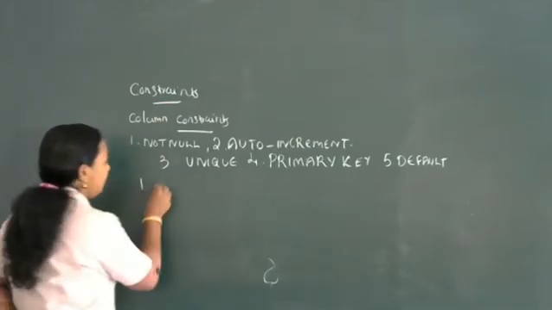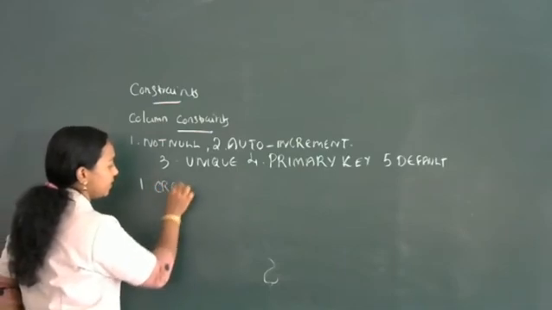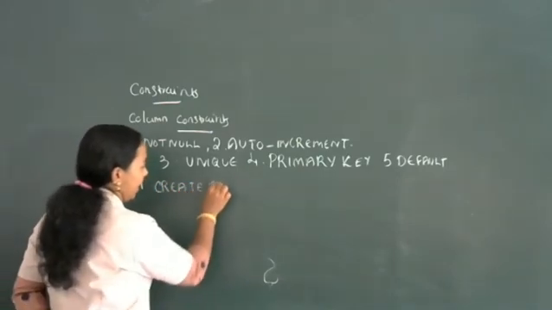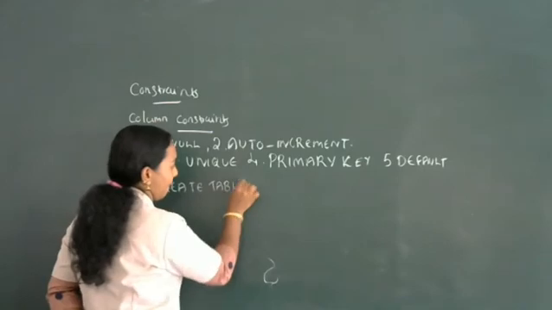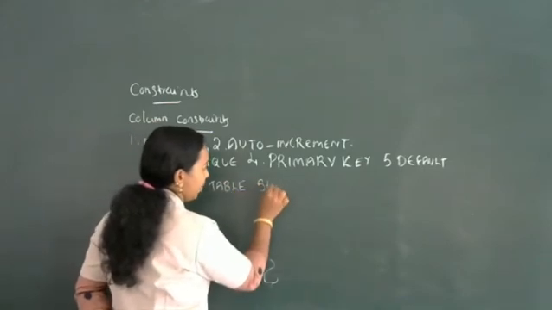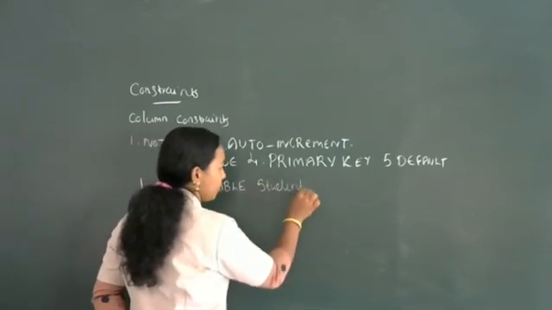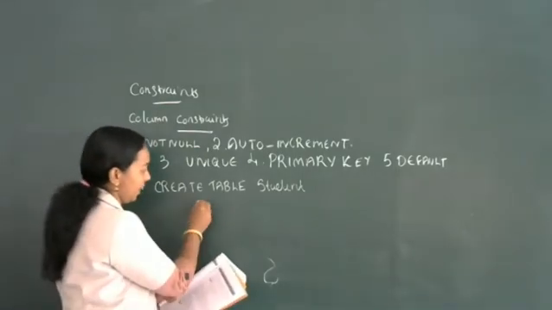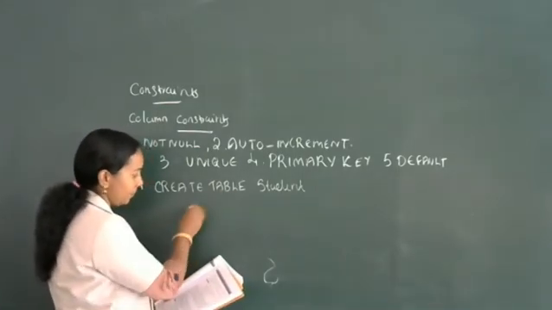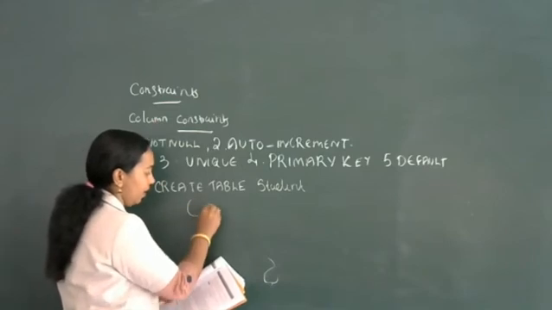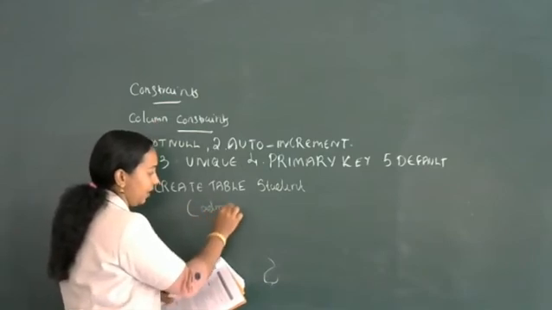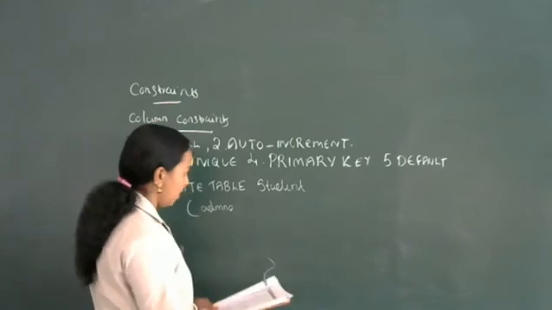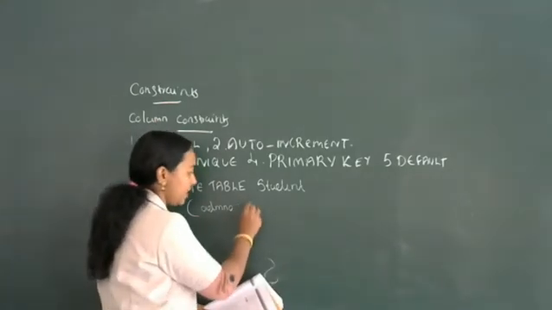First example, create table student. What is our table name? Student. I am going to write in separate lines. First one, admission number. What will be the data type?